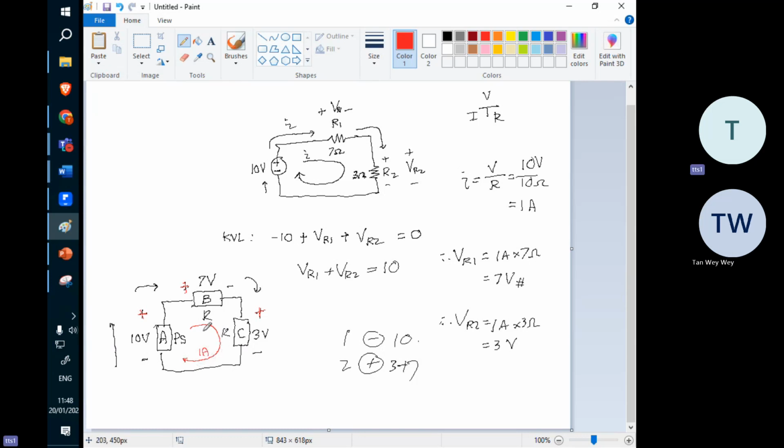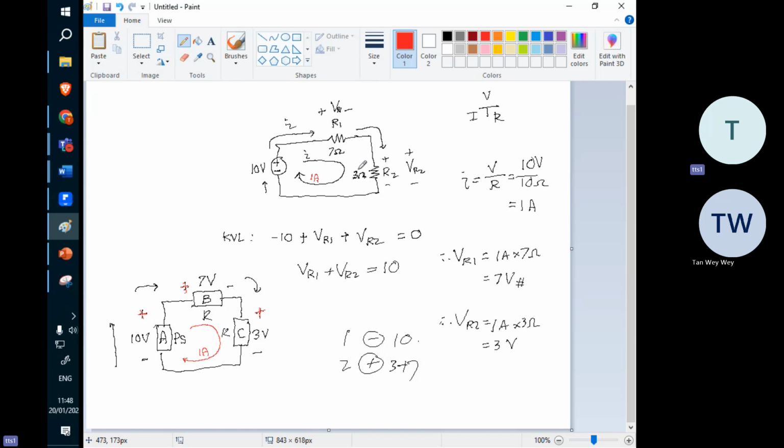In other words, this 1 ampere coming from the power supply flows through part B, also the C, or here. Let's put it here. This 1 ampere flows through the 7 ohm and 3 ohm.